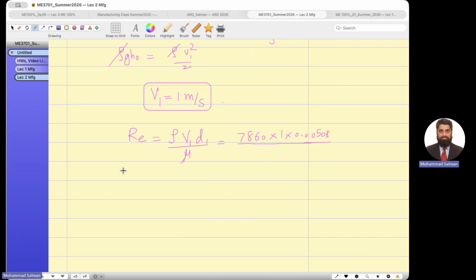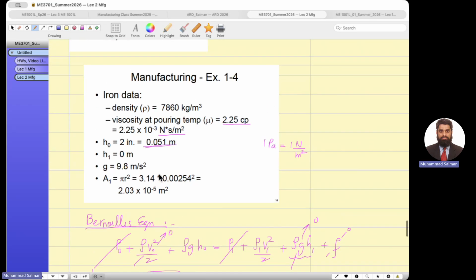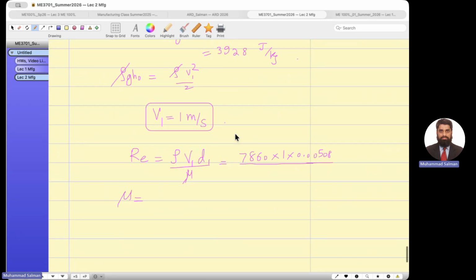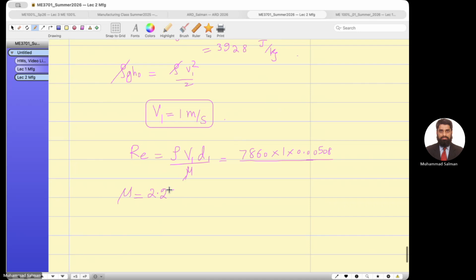Divided by the eta. So the viscosity, let me double check. The viscosity is 2.25 centipoise, equal to 2.25 times 10 to the power negative 3 Pascal second, because we know that 10 poise equals 1 Pascal second, and 1 poise has 100 centipoise.